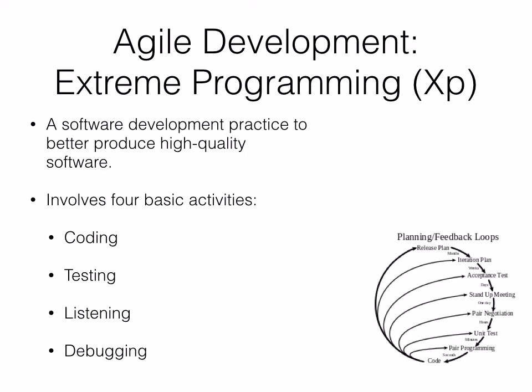Now, a lot of people are doing this now, so it hasn't changed the game so much, but when it first came out in the early 2000s, it really changed how people thought about how to develop software. So it involves four basic activities, and feedback loops for all of them: coding, testing, listening, and debugging.